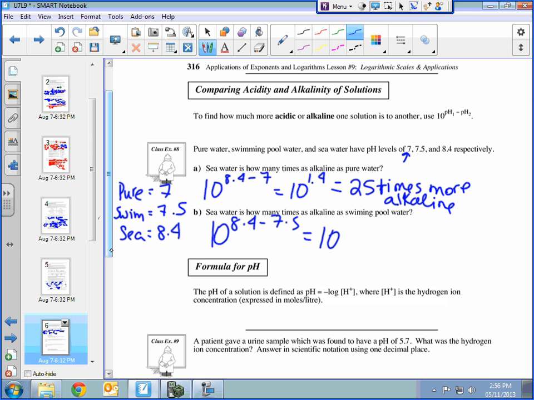But if I say seawater is how many times as acidic, then you would do the opposite. What is 10 to the 0.9?